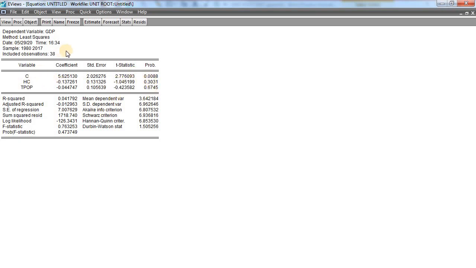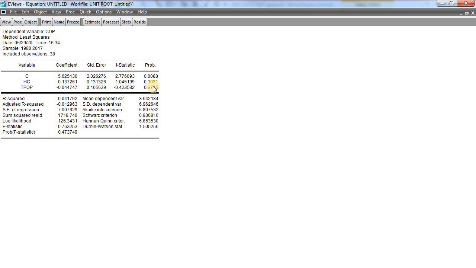As you can see, our human capital has a negative impact on GDP. Total population is going with the sign, is correct, having a negative impact on GDP. But the p-value, which is our main target in determining a good model, shows us that human capital here is not significant in explaining GDP. Likewise, total population is not significant in explaining GDP.